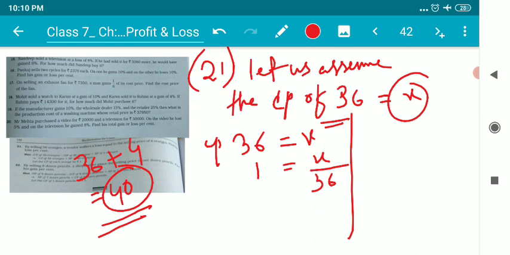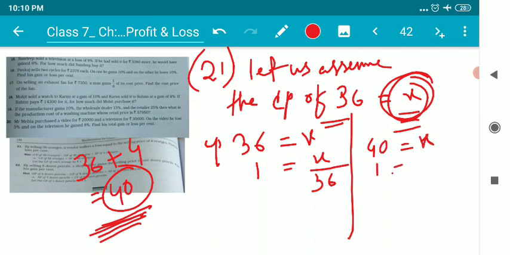He is buying 36 oranges for rupees x. But as he is making a loss of 4 oranges on selling, this rupees x he can earn only if he sells 40 oranges. Because of 4 oranges he made a loss, he's selling 4 oranges extra in order to earn rupees x. So the selling price of 40 oranges is rupees x.